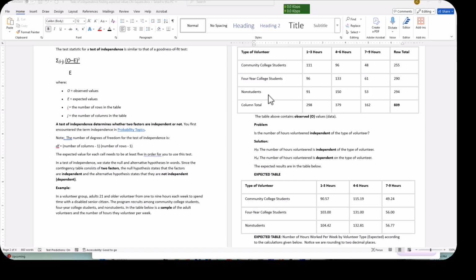Looking at the numbers, this 150 kind of stands out to me. Maybe non-students do more, but then you've got the 133 here. I really don't know without looking at the test, so we'll have to see if it's statistically significant.